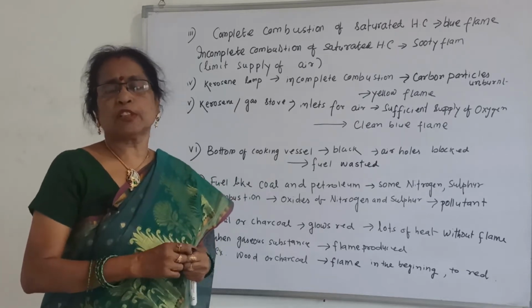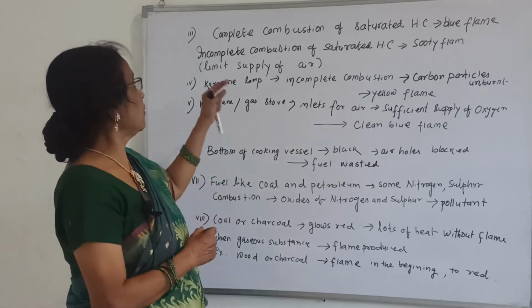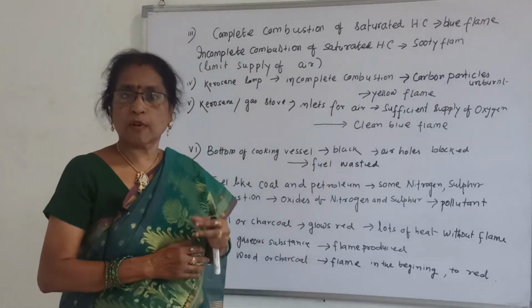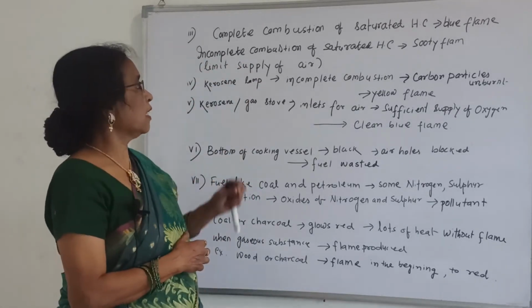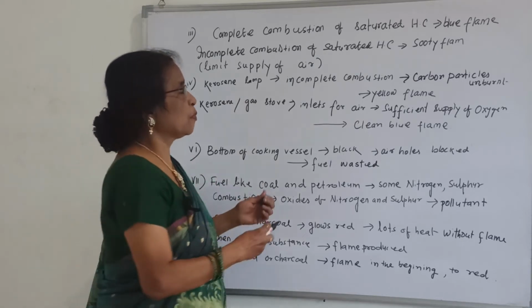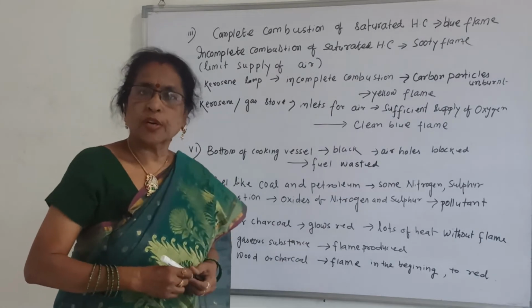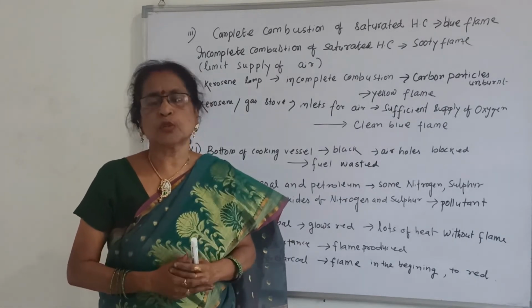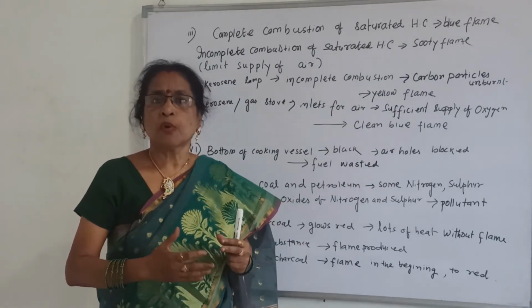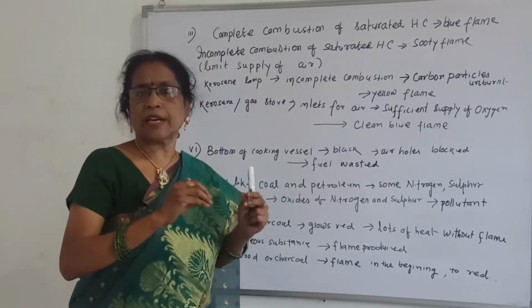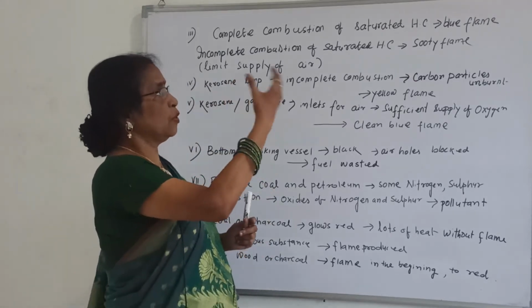In the same way, in incomplete combustion, that means a limited supply of oxygen or air, a sooty flame is produced. So a hydrocarbon gives two types of flames. One is complete combustion, where oxygen is supplied in excess, which gives a blue flame.